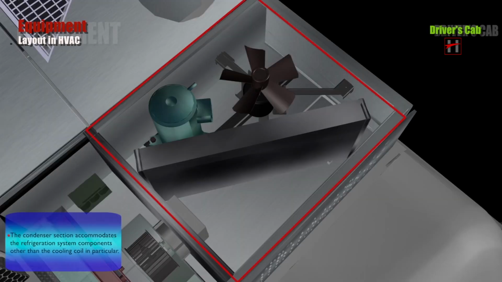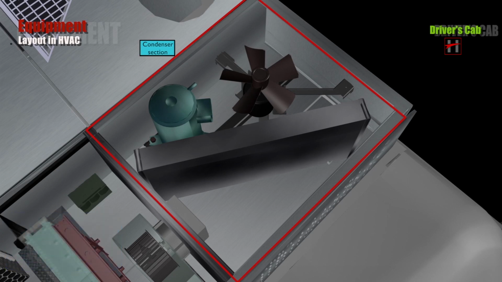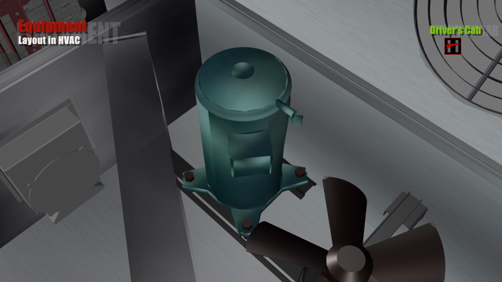The condenser section accommodates the refrigeration system components other than the cooling coil in particular: the condenser coil, the condenser fan, and refrigerant compressor. This is the compressor.